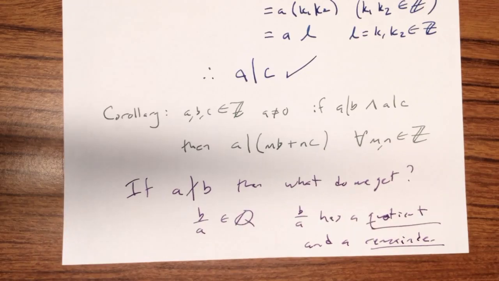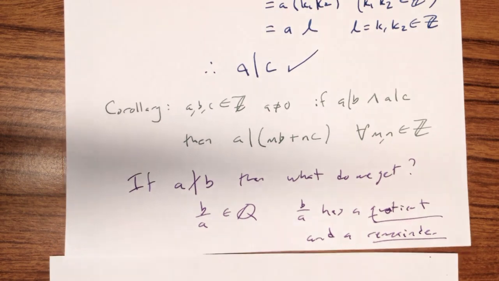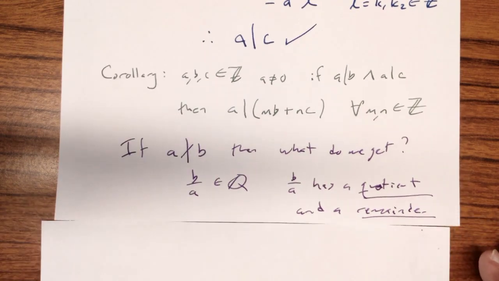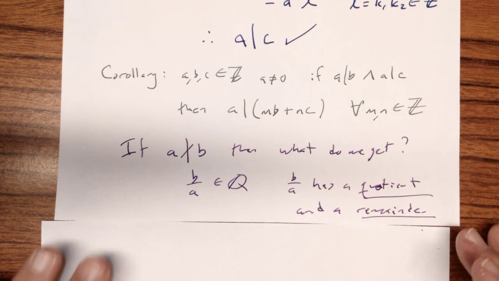Now, I really want to think about what happens when I divide. And I'm thinking still about integers. Quotient and remainder are going to be integers.